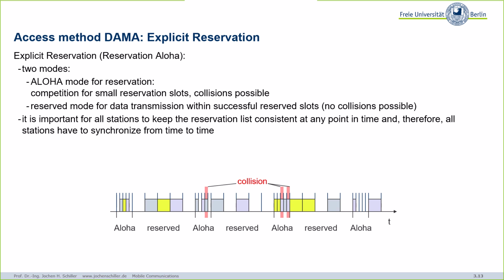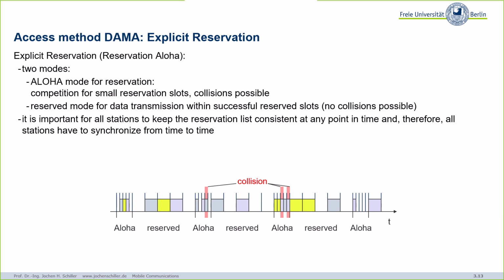That's way longer. And the idea is that maybe we have collisions during this reservation phase. But if we are successful, then the transmission of the data will be successful. That's the key idea.